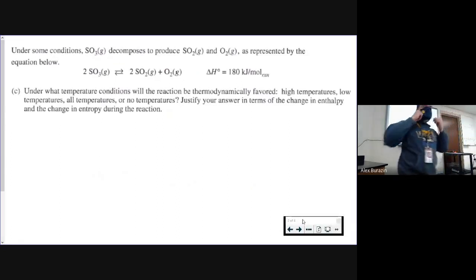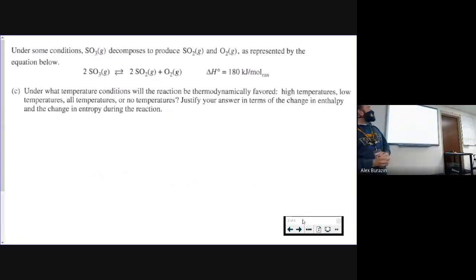All right. Under some conditions, SO3 decomposes to produce SO2 and O2, as represented by the equation below. Under what temperature conditions will the reaction be thermodynamically favored? High temperatures, low temperatures, all temperatures, or no temperatures? Justify your answer in terms of the change in enthalpy and the change in entropy during the reaction. It's like what we're doing now.